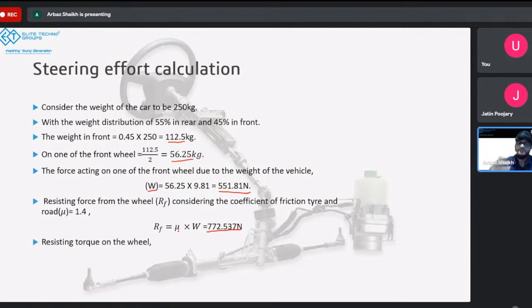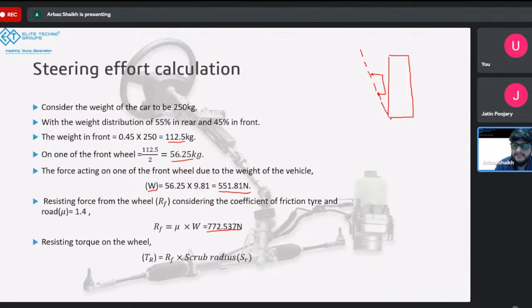There's one more term which comes in play, which is the scrub radius. Now, what is a scrub radius? If you imagine a tire, if you're seeing the tire from the front view, it should look like a rectangle. Again, sorry for my crooked drawing. And imagine you have a steering knuckle like this. If you have one point of wishbone over here, another point of wishbone over here, the steering axis will be passing through these 2 points.